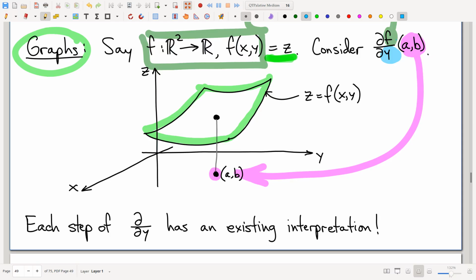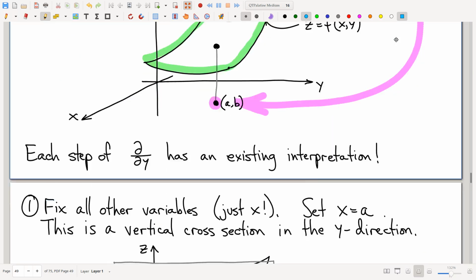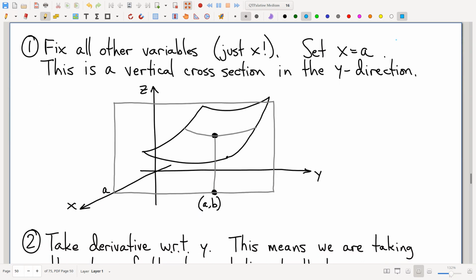Good news, this process that we have for computing partial derivatives, hold everything else constant, take a good old regular derivative of the result. We have existing geometric interpretations of both of those steps. So we just have to basically walk through the process. Now again, we're starting at this point (a, b).